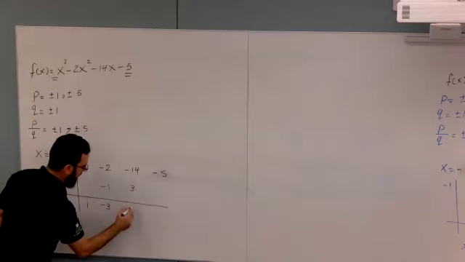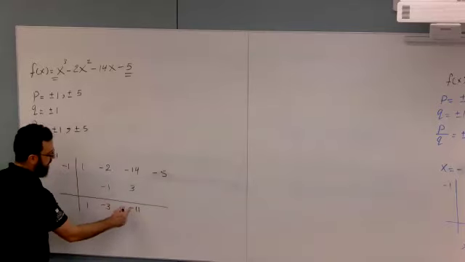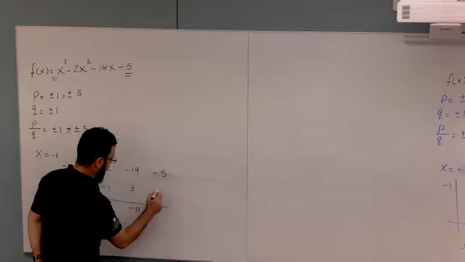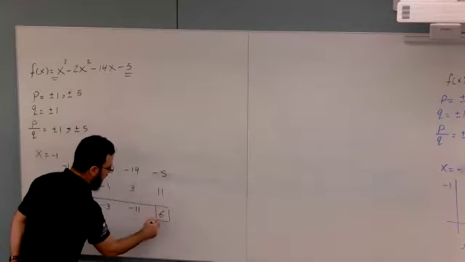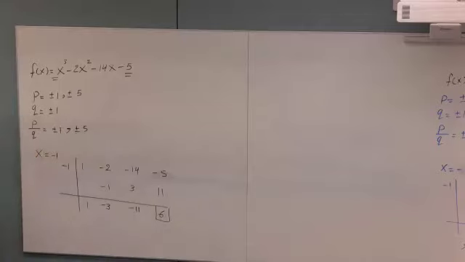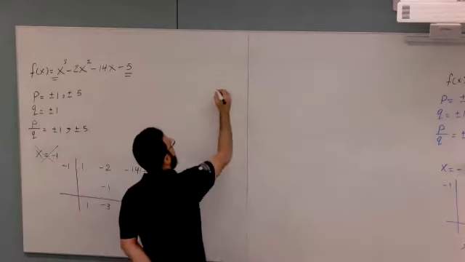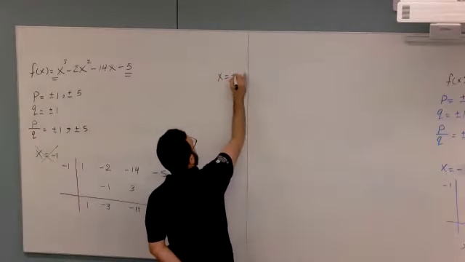Add these. -11. -1 times -11. 11. Add these. 6. The remainder is not 0. That means this is not a real zero. Where are we going to go? +1. So I'm going to choose x equals +1.